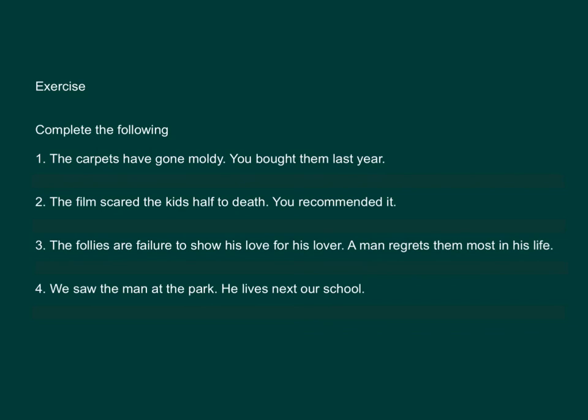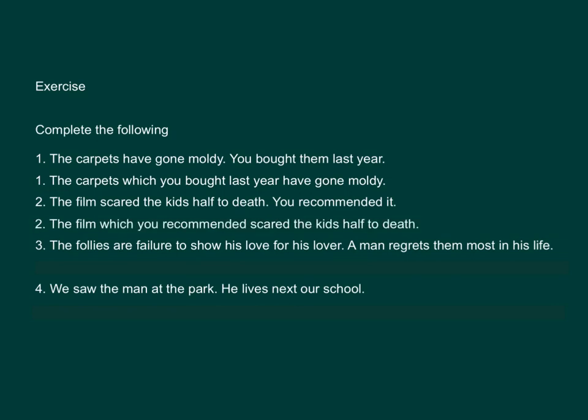The answer for number 1 is: the carpets which you bought last year have gone moldy. The answer for number 2 is: the film which you recommended scared the kids half to death.